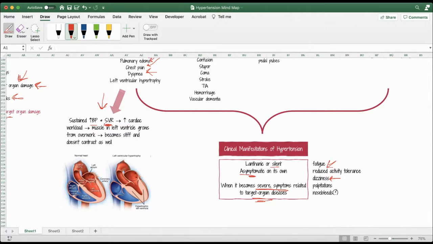And like I said, that vascular resistance is pushing against the flow, right? It makes the heart muscles have to work twice, 3 times, however much harder than they would normally. They have to push so hard.